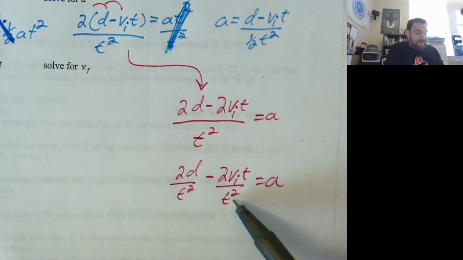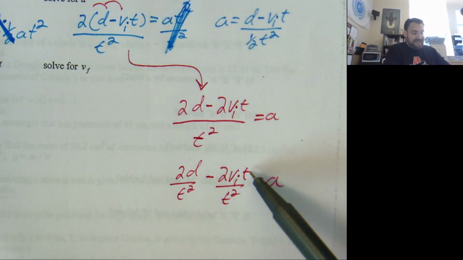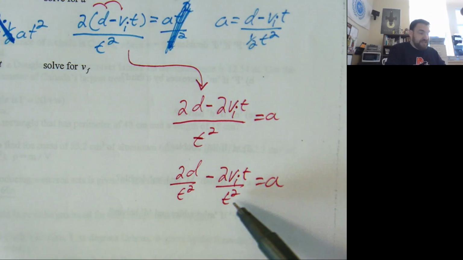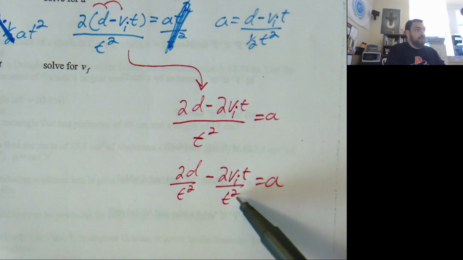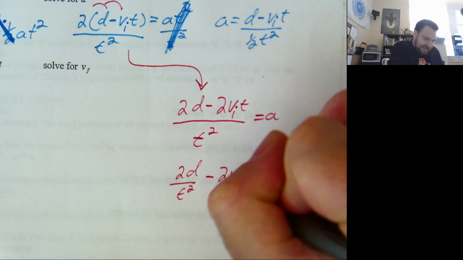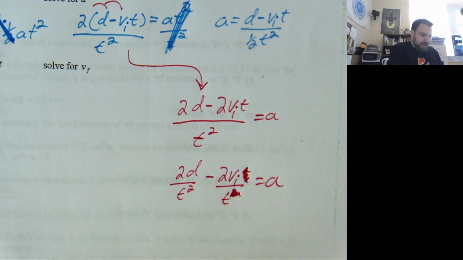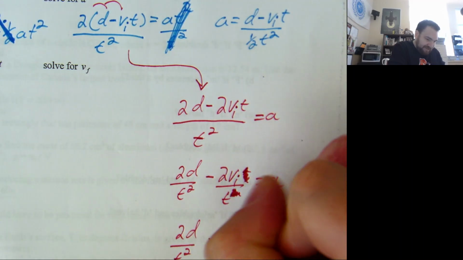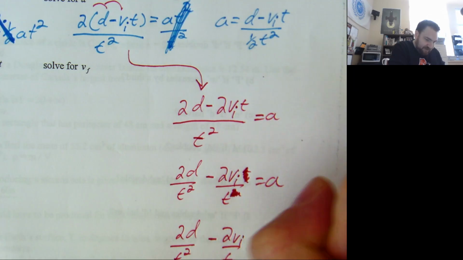When I've got t divided by t squared, your exponent laws are going to tell you that this t and that squared are going to end up canceling. Or I've got t to the 1 and t squared down here, so 1 minus 2 is negative 1. Ultimately, what's going to happen is that t is going to cancel out that exponent, and we're going to be left with 2d over t squared minus 2vi over t equals a.